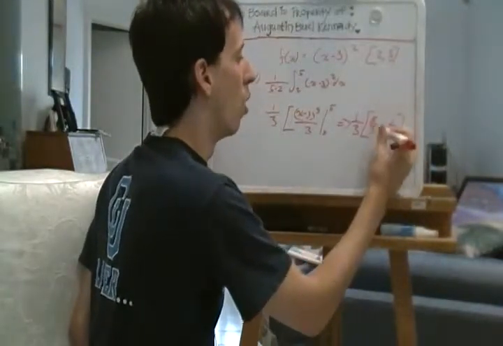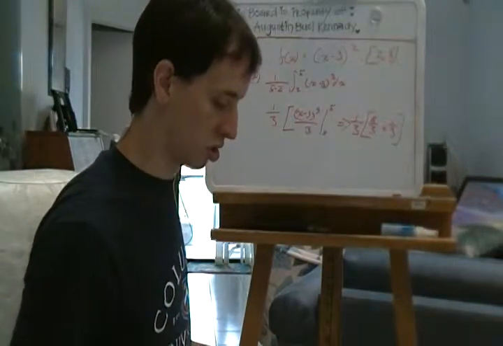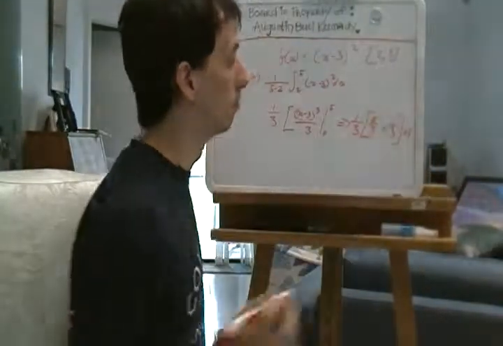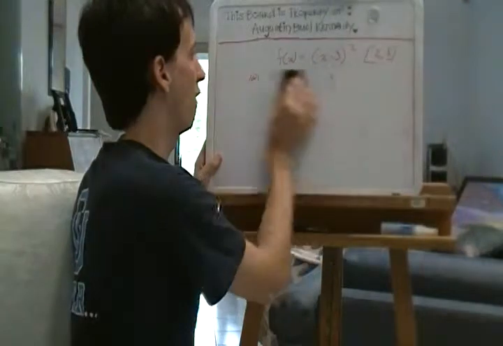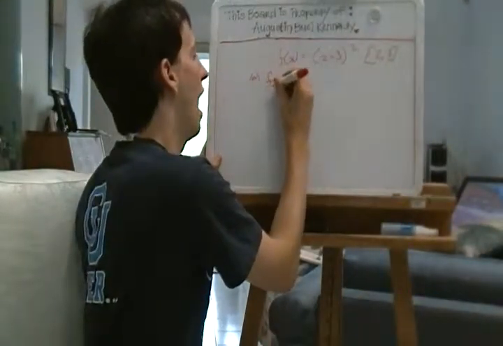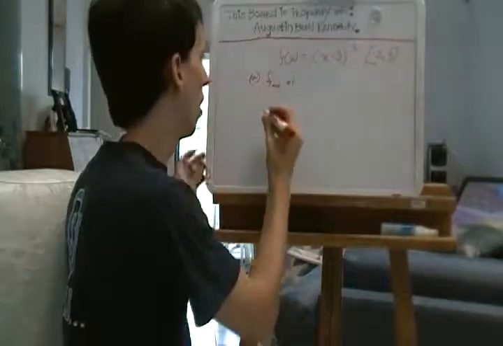We get 1/3 times 9/3, which is 1/3 times 3, which is 1. So the average value of this function, f_av, is 1. Okay, that's the first thing we know.